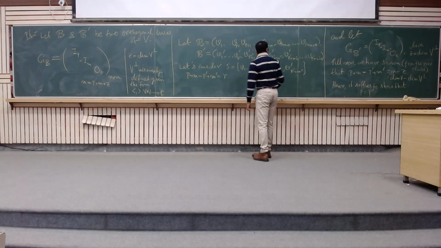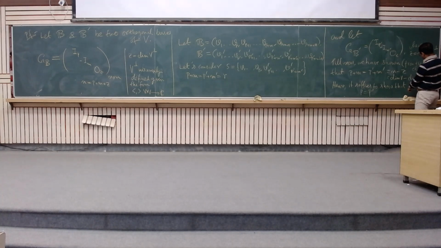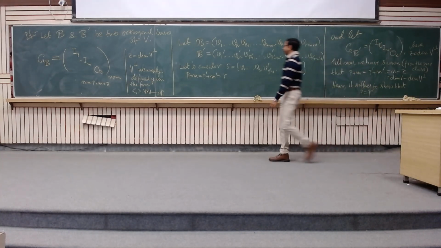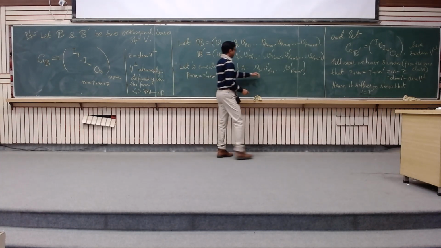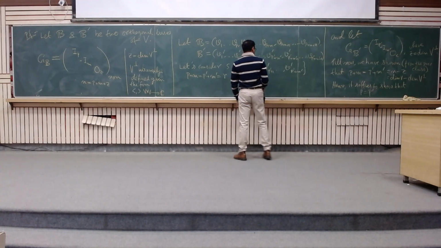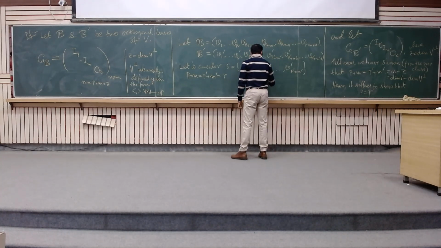This is the number of vectors which are in the basis which are not in v perp. Okay. And then the cardinality of this set is, well, this is just r minus p, right?